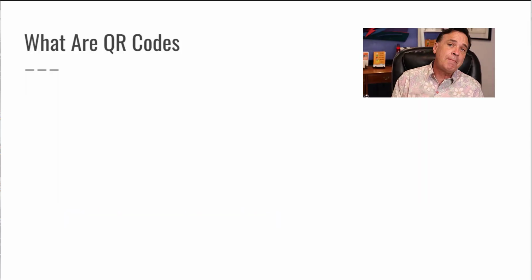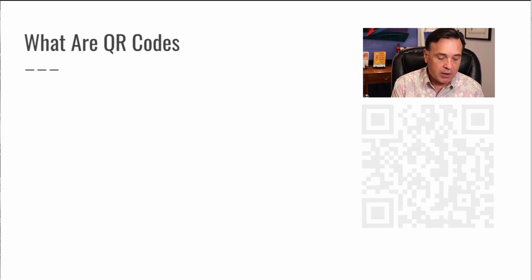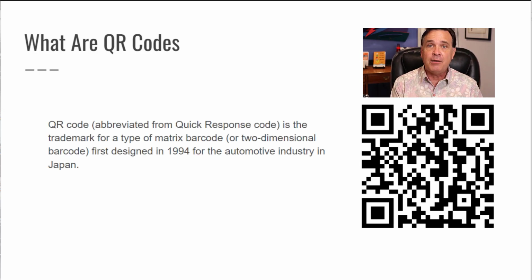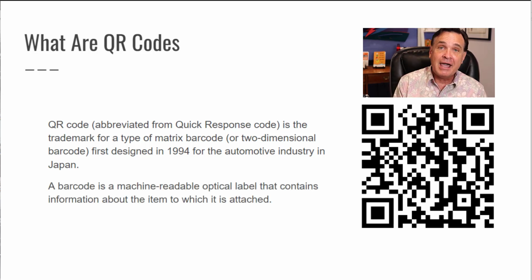Now, let's jump into what are QR codes. Well, essentially, they are these kind of squiggly, funny looking squares that you see here that are actually called quick response codes. They were developed first in Japan for the automotive industry way back in 1994, and they're machine readable.